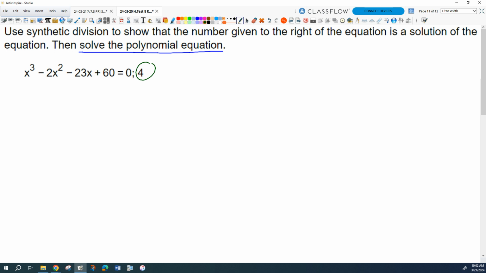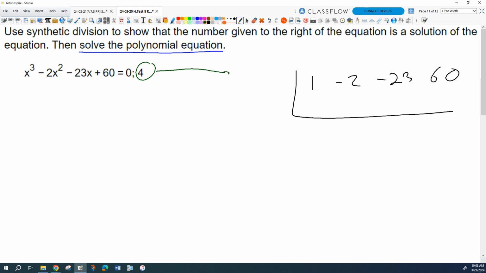So we would do that using synthetic division. So what goes in the top? What number goes out front? 4. Not -4, right? This time they're telling us that 4 is the 0, so that's the number that we plug in.